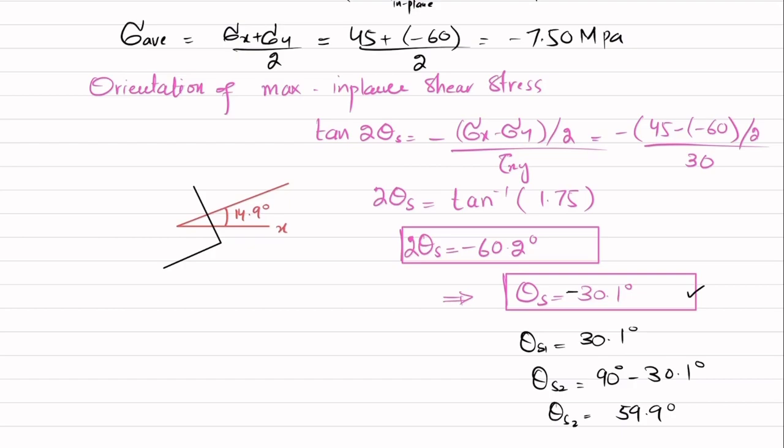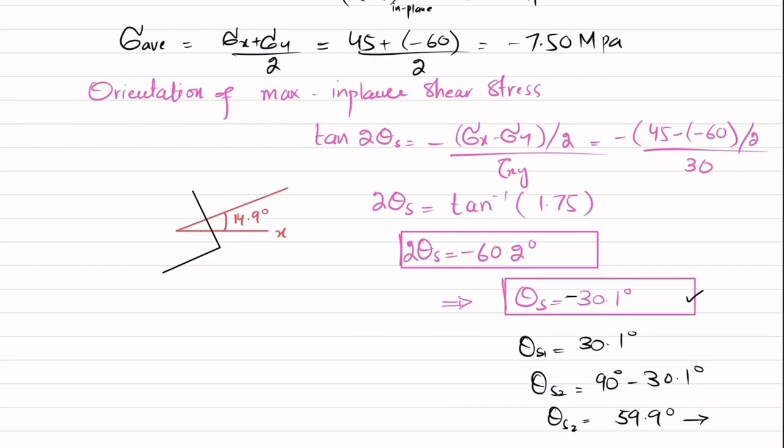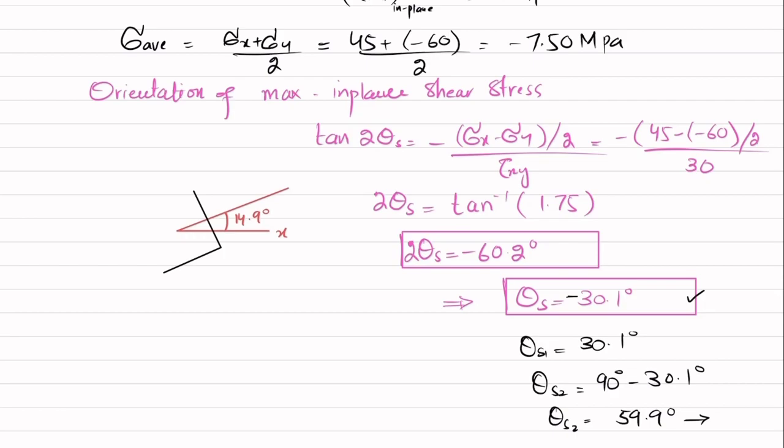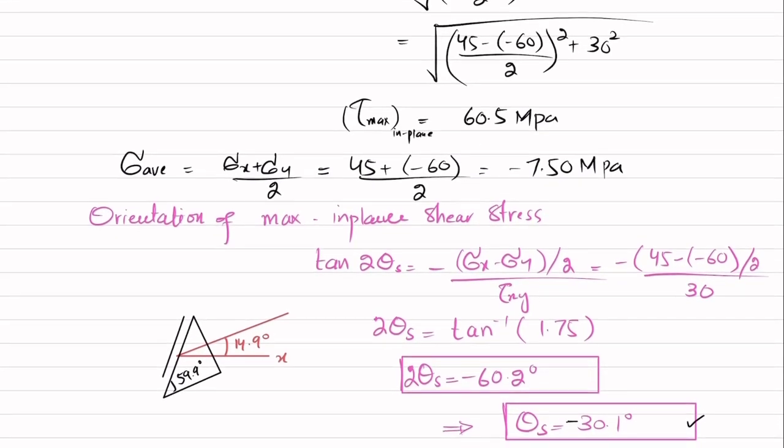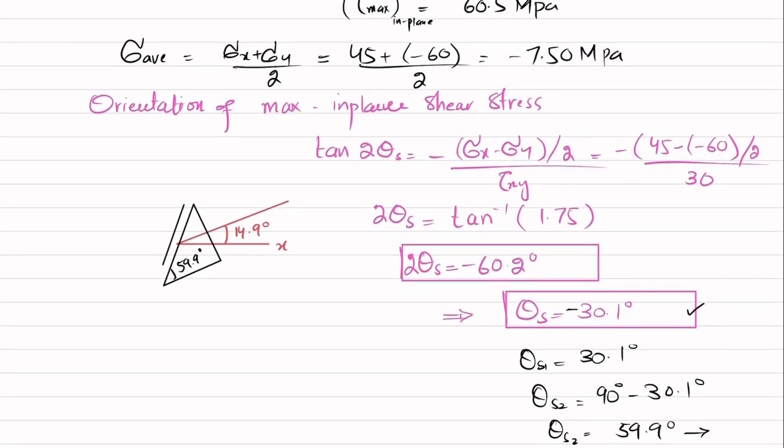So when you cut, this is a positive value, so it will be counterclockwise. So it means that when you cut this element at an angle of 59.9 degree, clear? Your shear stress will be like this. You can see this is 60.5. Clear? So your shear stress will be like this. This is the maximum in plane shear stress.